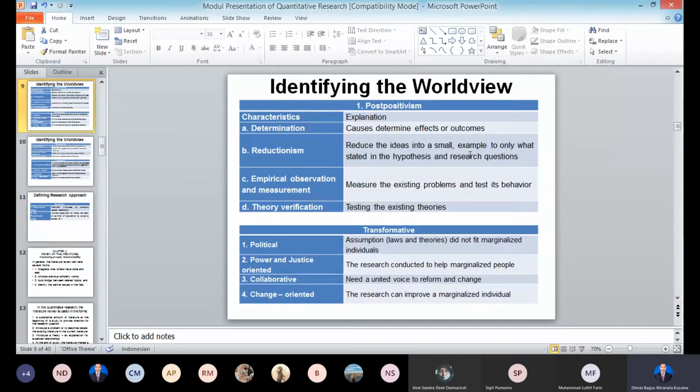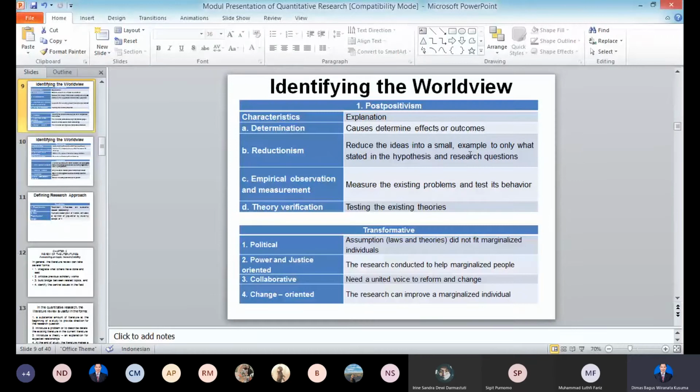And the last but not least is change oriented. So the research can improve the marginalized individual. So in the end, your research is not just showing the positive, the negative, and so what after that. What is the impact of having done the research?